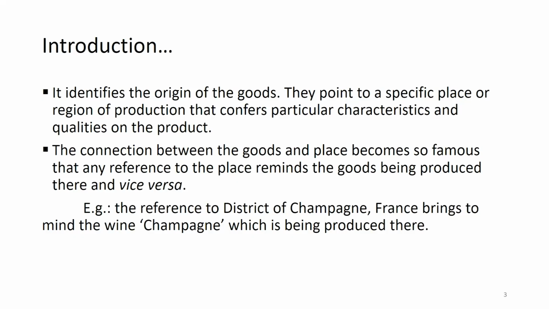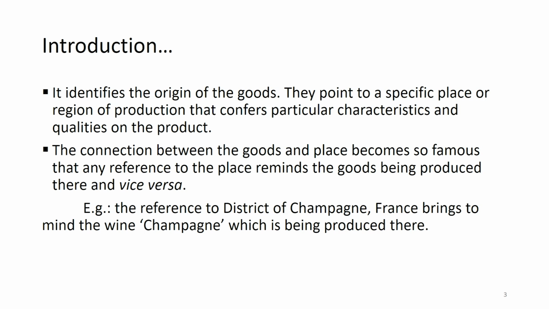So, it identifies the origin of the goods. GIs point to a specific place or region of production that confers particular characteristics and quality on the product, as I mentioned.